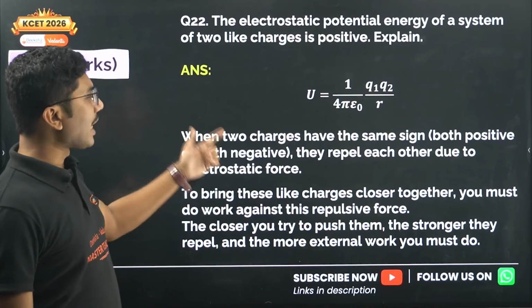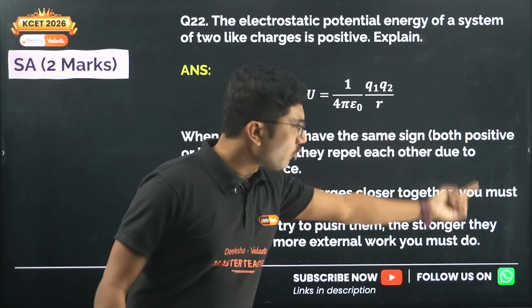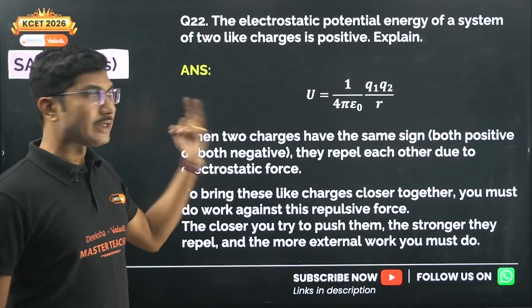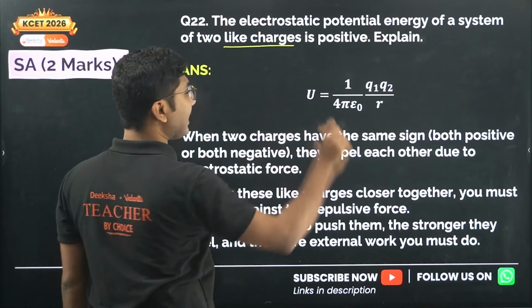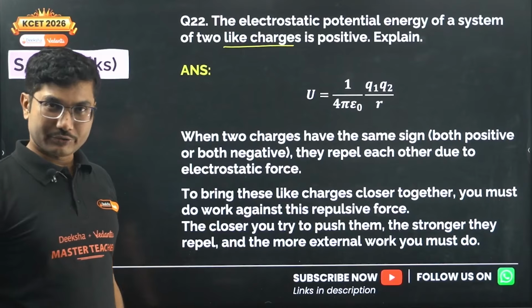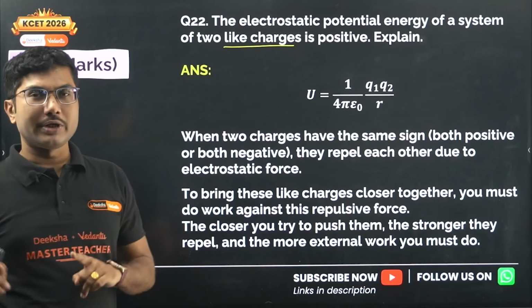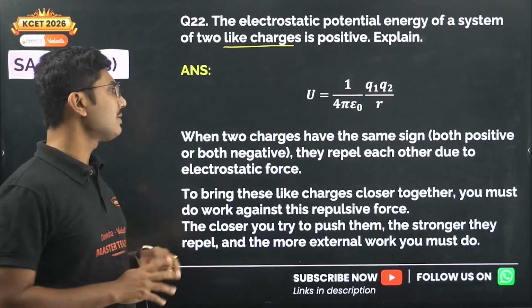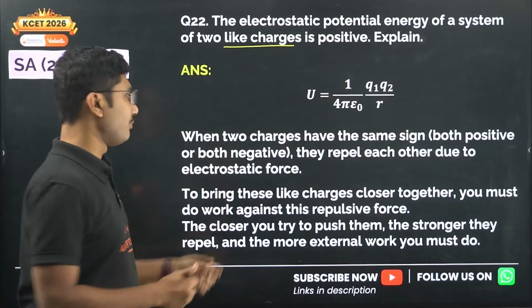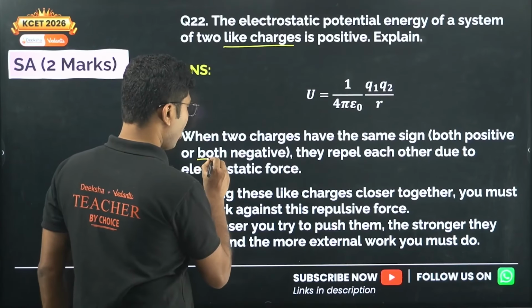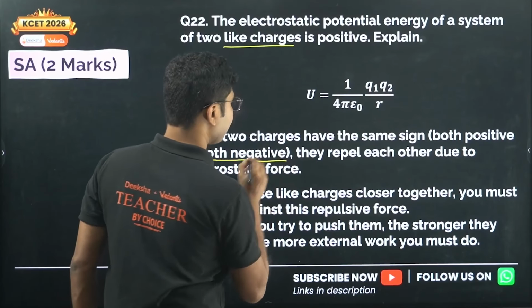When two charges have the same sign, both positive or both negative. They are asking about like charges, so they are not saying that both are positive. It can be both positive or both negative; in both cases they are like charges. So you have to mention both positive or both negative. Be very careful, do not ignore this line.